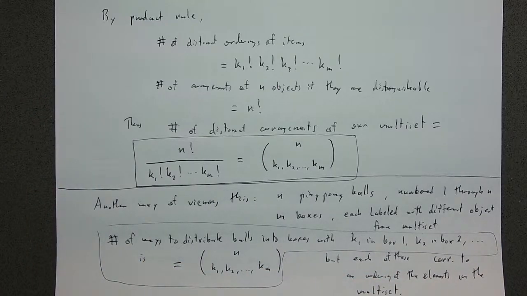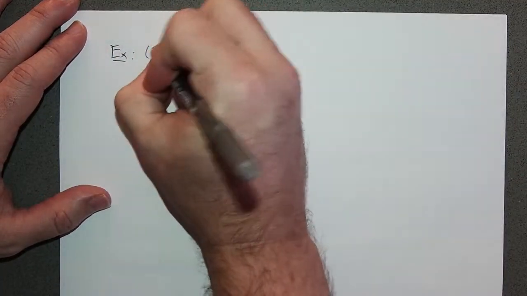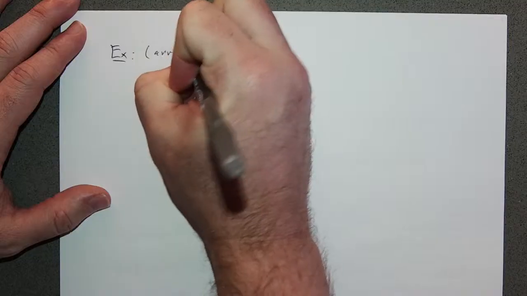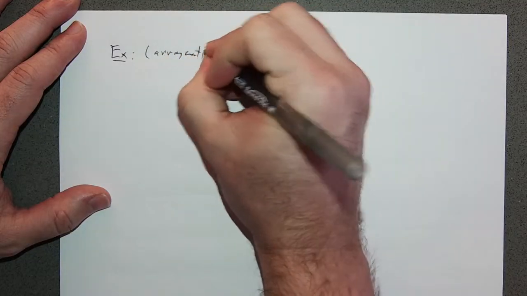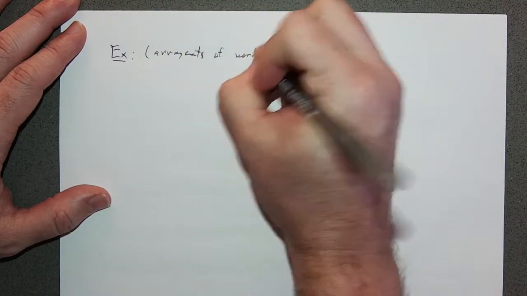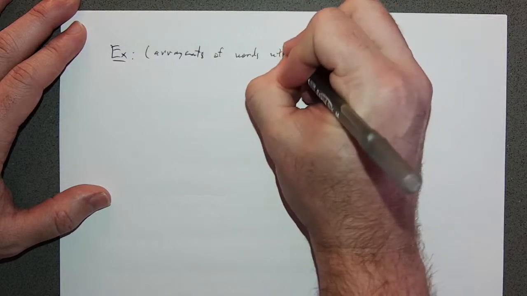We didn't need any kind of other additional reasoning, although this helps see exactly how this is being counted here. And so let's say we do an example. Say arrangements of words with repeating letters.